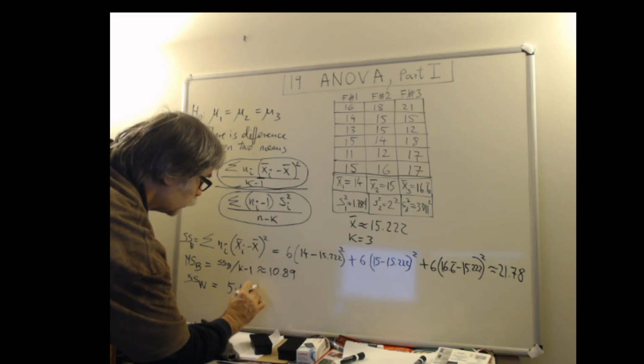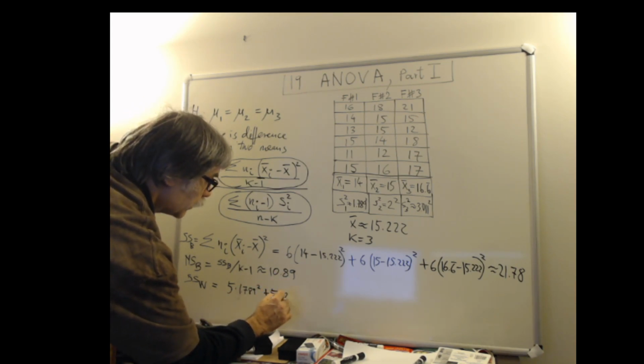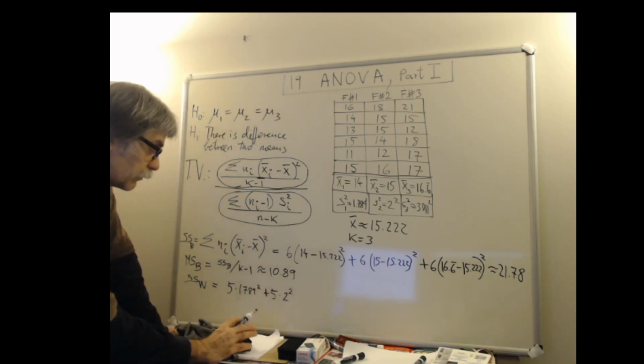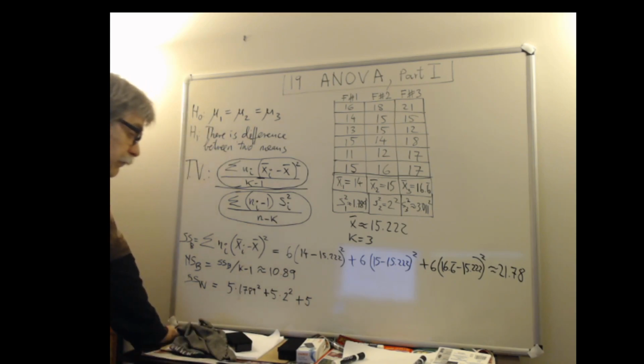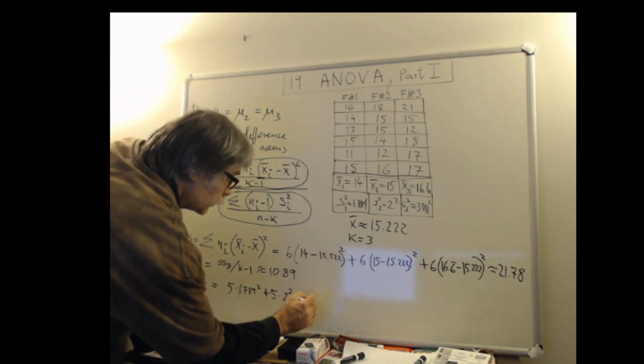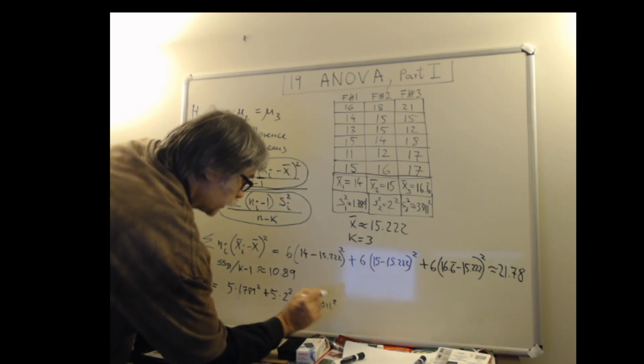1.789 in the first group, and then the same thing in the second group, 5 degrees of freedom there, variance is 4.2 to the power of 2, and the third group, degrees of freedom 5, the variance in the third group is 3.011 squared.